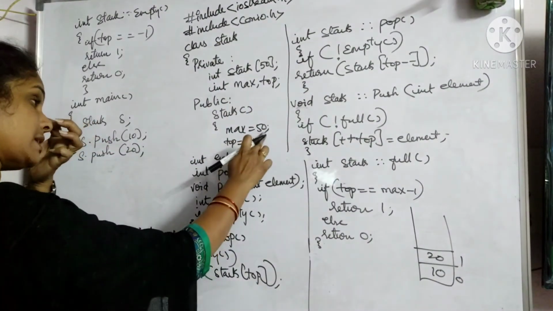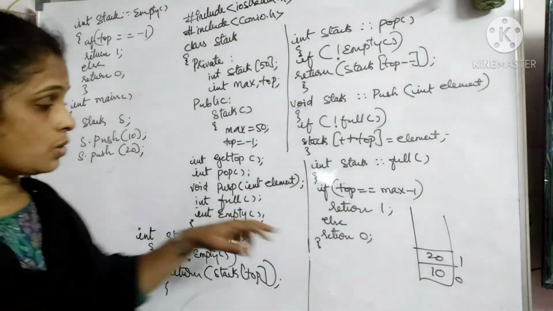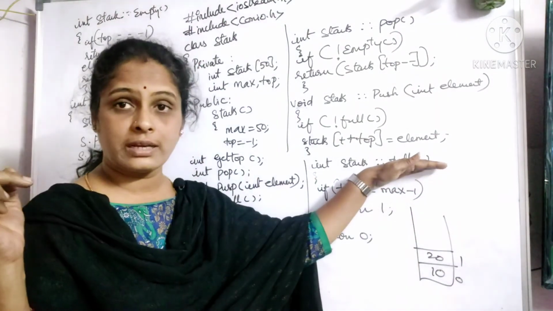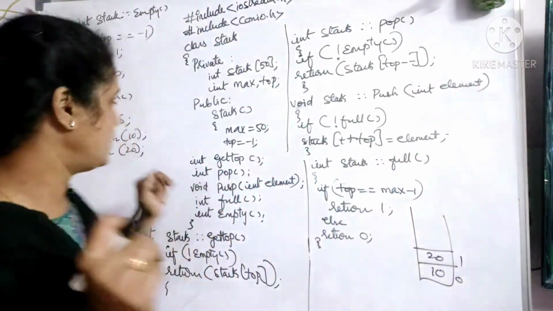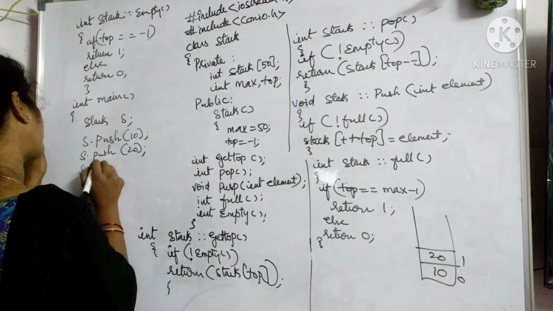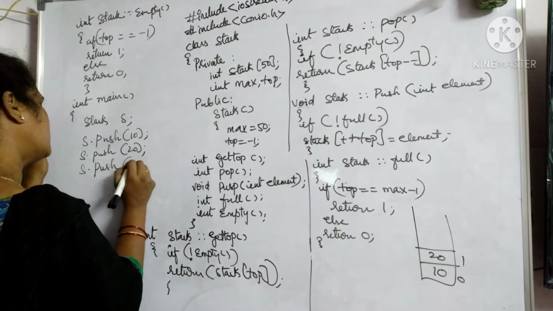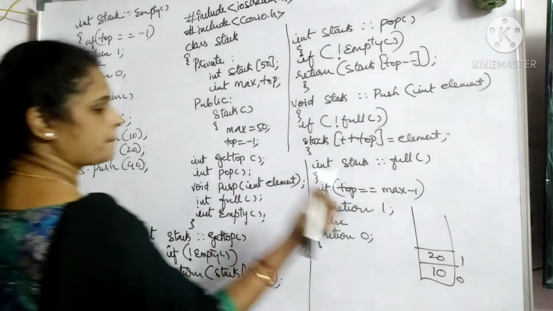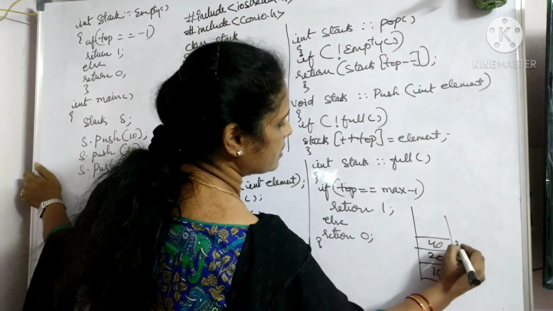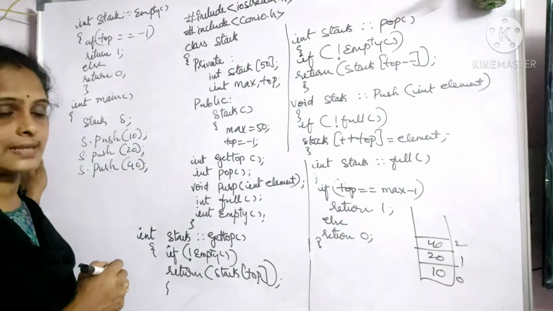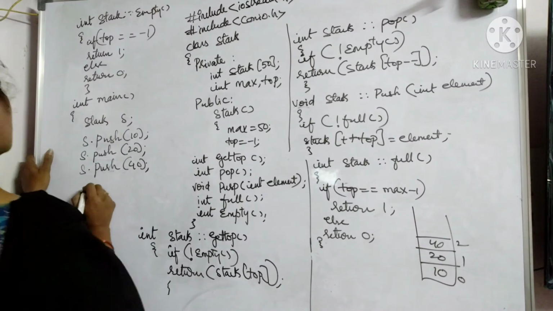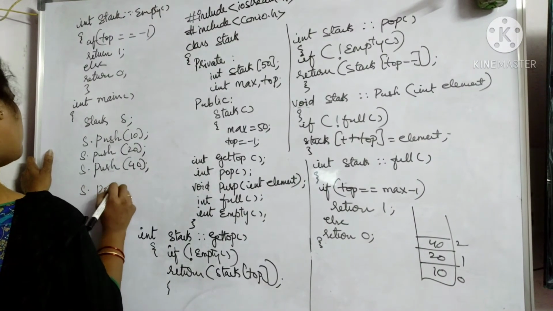What is the maximum size? Maximum size is 50, so a maximum of up to 49 positions can be filled here. In the same way, if I have taken push 40 at the second position, then if I say S dot pop, what happens?